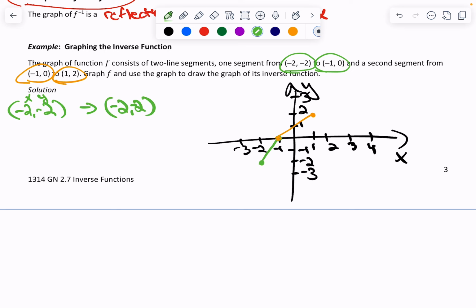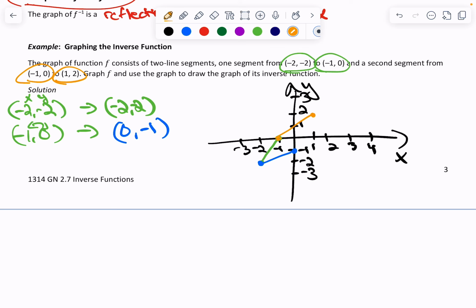It's still negative 2 and negative 2, right here. Our next point, negative 1 and 0, we interchange, which means that we get 0, negative 1. So 0, negative 1 is right here.